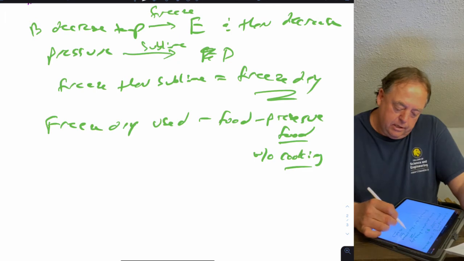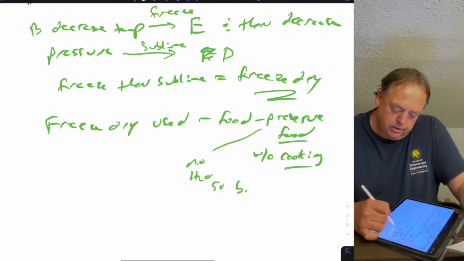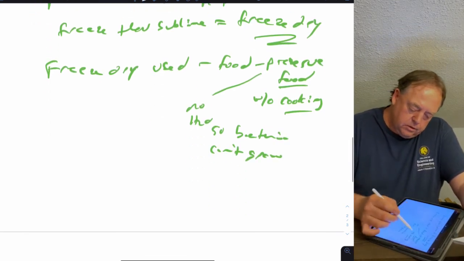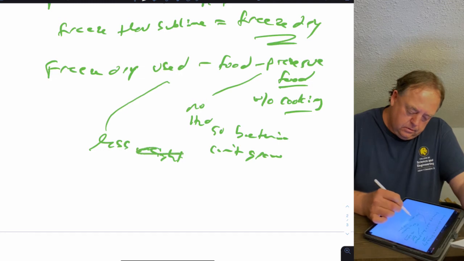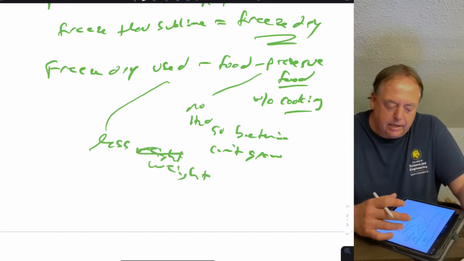So why can it be preserved? No water, so bacteria can't grow. And also, it'll weigh less at this point, and that has applications, right?